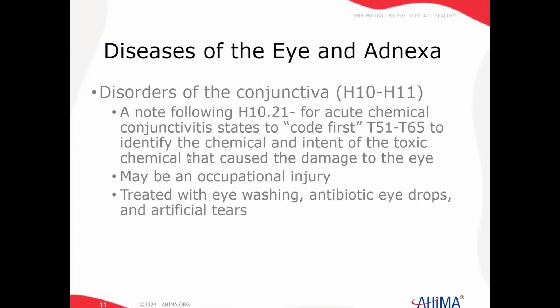There's a note under code subcategory H10.21 for acute chemical conjunctivitis that states that we code the chemical that caused the conjunctivitis first. These codes would fall from a code category series of T51 through T65. This could be an occupational injury. And again, the main important point here is to code the chemical that causes the conjunctivitis first.